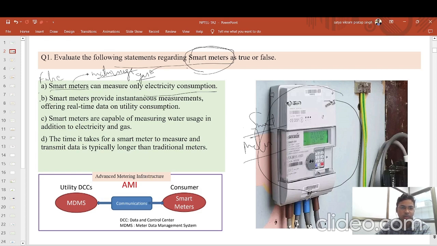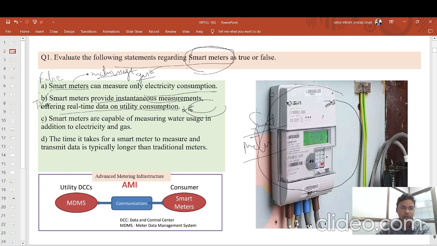Option B says it provides instantaneous measurements offering real-time data on utility consumption. It is correct, because the utility can be electricity, water or gas. So the second statement is true.